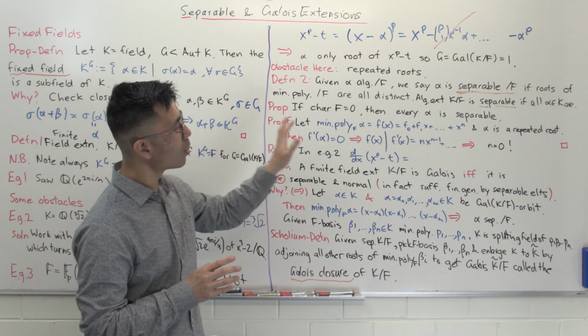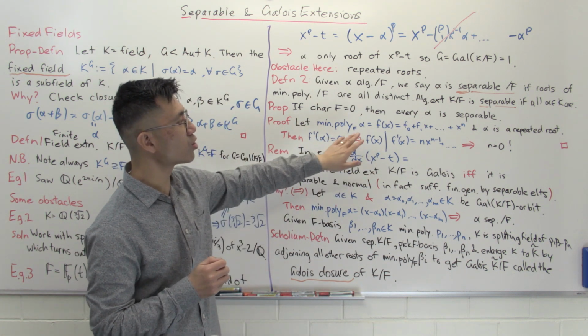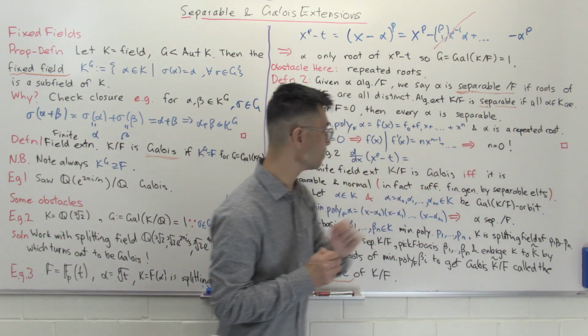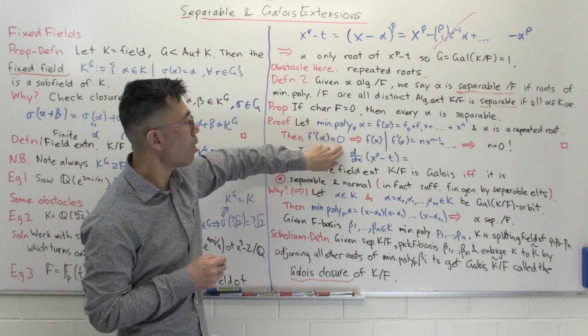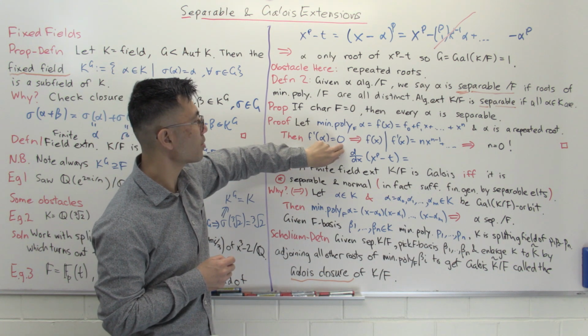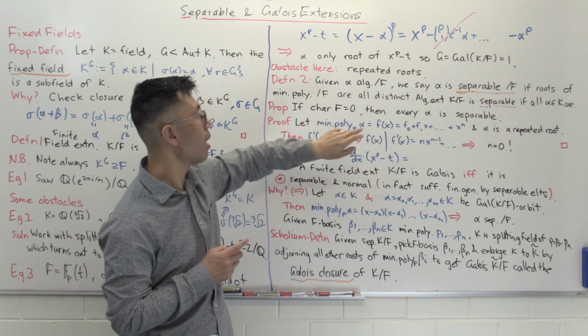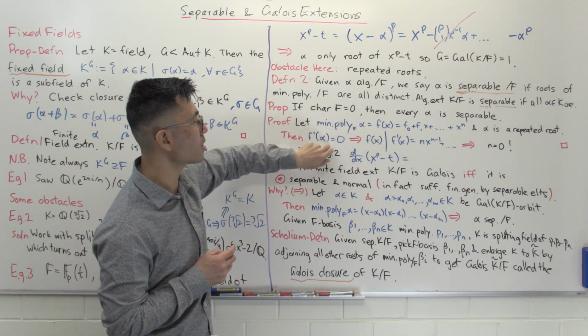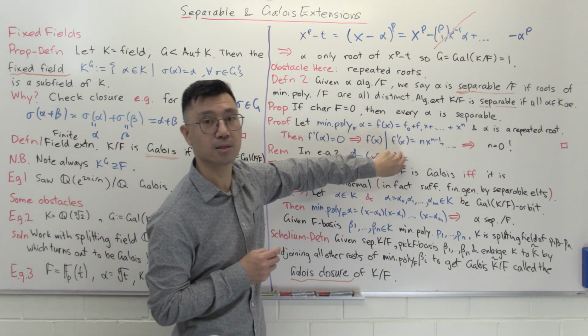Okay, so let's keep going with the proof. We want to show that we get some sort of contradiction to this repeated root situation. So remember, f prime of alpha is 0, and the minimal polynomial has to divide every polynomial that vanishes at alpha. So that means f of x divides f prime of x.